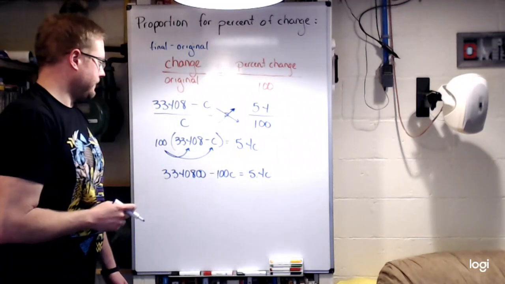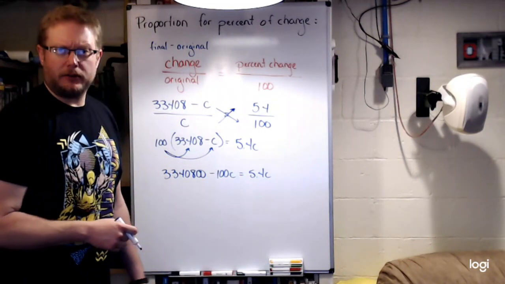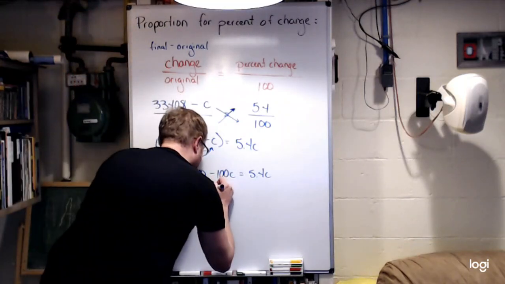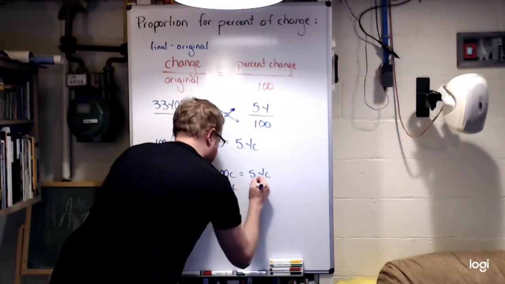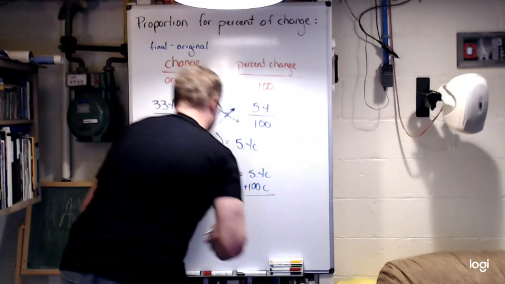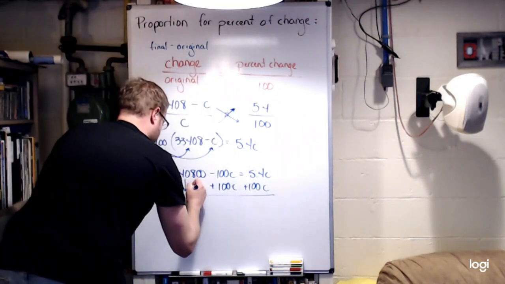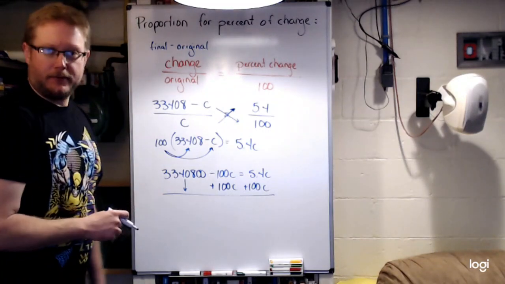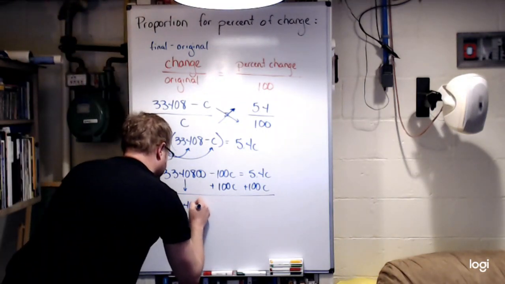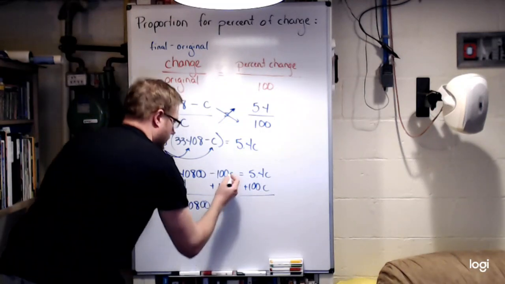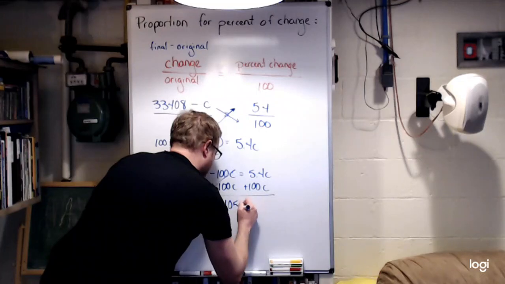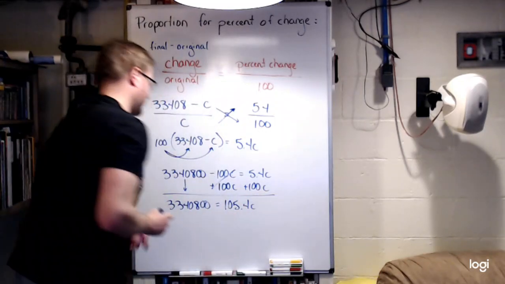5.4C. Get my C terms together. It's a negative 100C, so I'm going to add 100C to both sides. Drop down this big number. These cancel out, and we've got 105.4C.